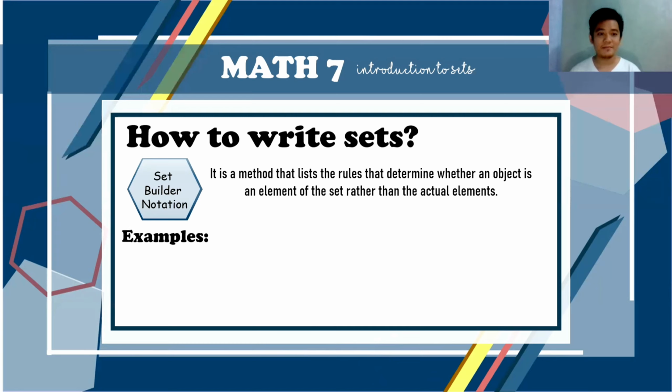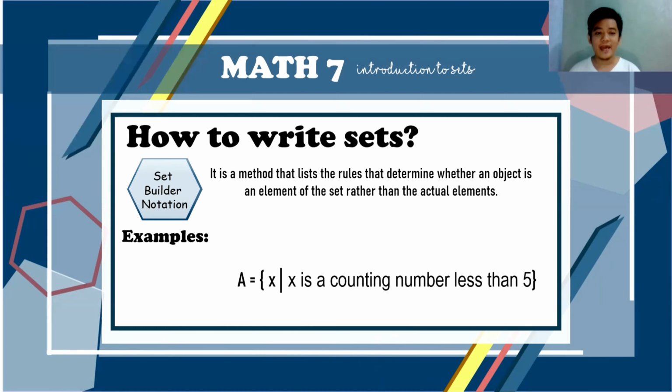Let us have an example. Set A equals {x | x is a counting number less than 5}, where technically, this is somehow similar to listing method or roster notation. It's just that we are not listing the actual elements this time. We are only including the rule or the description of the set.